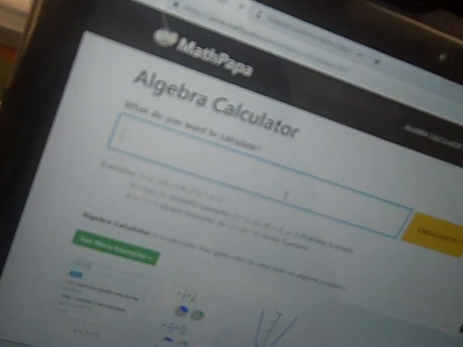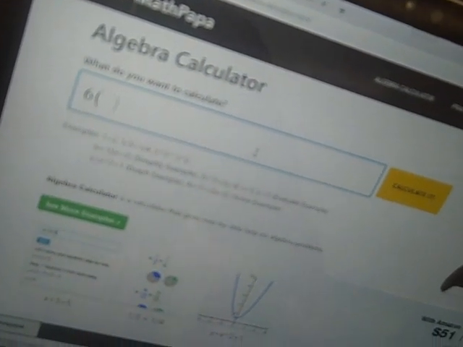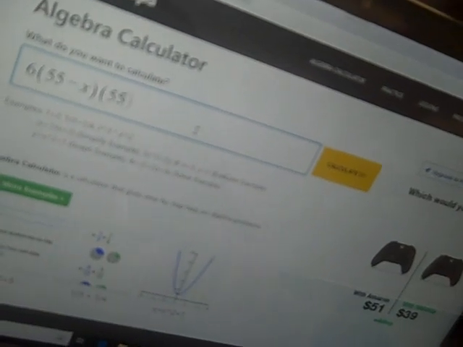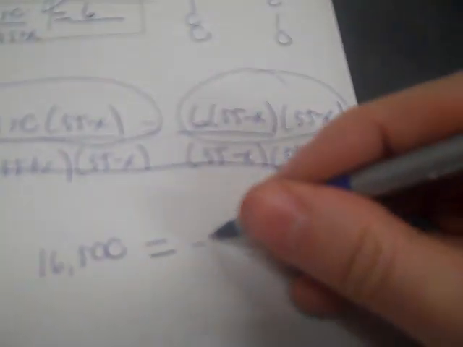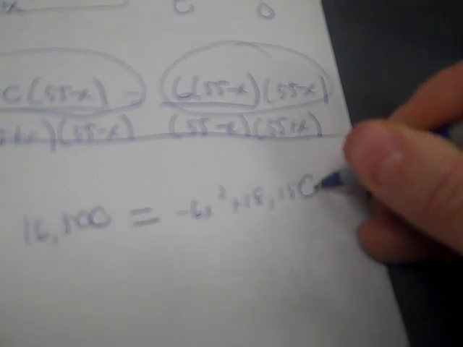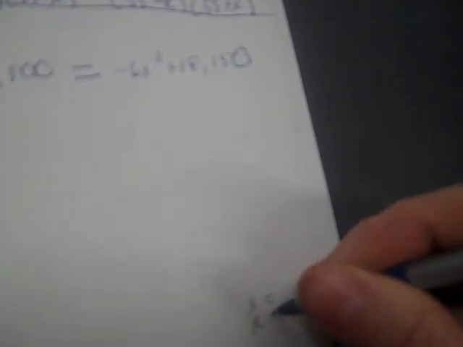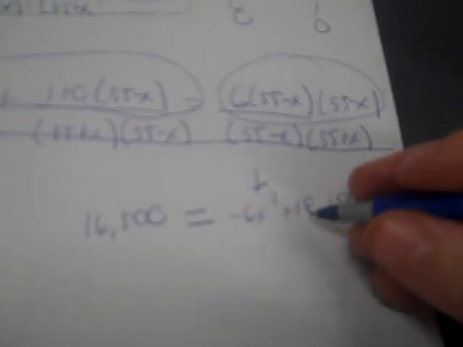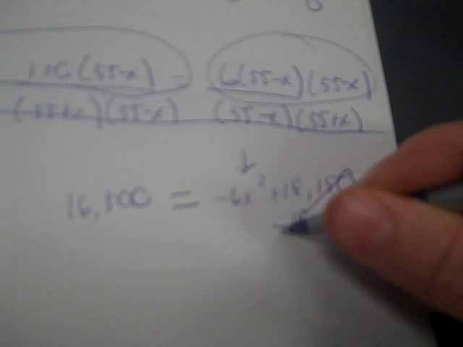Okay, we got 6, and then 55 minus x, 55 plus x, negative 6x squared plus 18,150. Now there's two answers, but you don't have to factor this because you don't have an x that isn't squared. That's good, so you undo all the operations around the x squared.